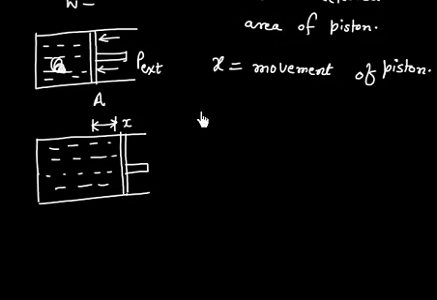Now we want to find what is the work that this has basically done on the surrounding. So these gases are my surrounding. My system is basically pushing this side, so the system is doing some work on the surrounding.